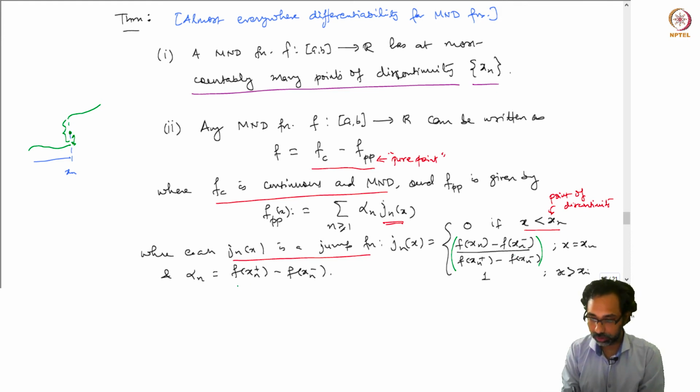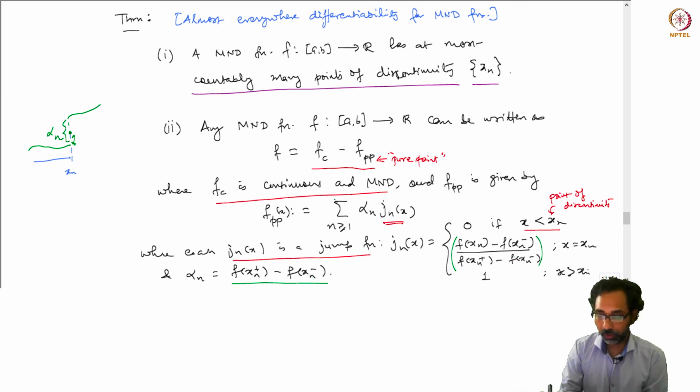So the jump functions are encoding these kinds of finite discontinuities in the function, and so this FPP is a sum of countably many such jump functions with amplitude precisely this alpha n, which is the difference of the left and right hand side limits.